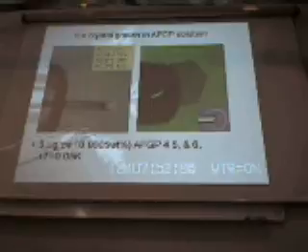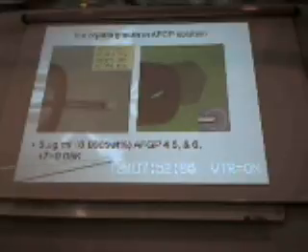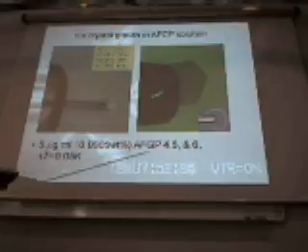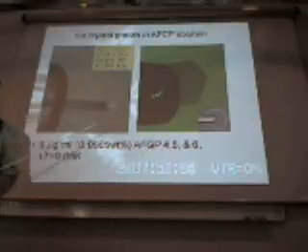I should say the concentration of protein in this case is only 5 microgram per ml, so this is a very low concentration. And in this case, we use the AFGP 456 mixture.